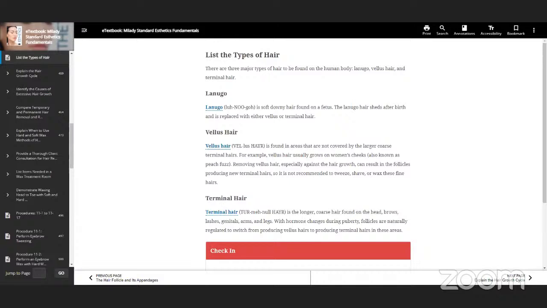But let's evaluate some of the different types of hair removal. You could definitely do threading, you could do sugaring, you could do waxing. I will not recommend shaving, although they do it for dermaplaning. They consider that a shave as well, but it's not with the same type of blade that you would use in barbering.